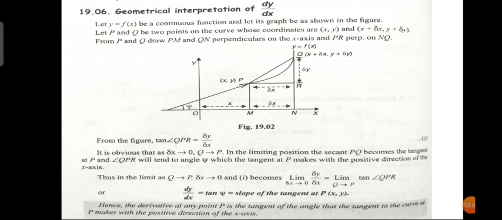The x-axis and y-axis are given. OMN is along x, and the graph y equal to f of x is the function there. Taking the point P(x, y), the slope of the tangent is given like that. Read the information given and then study. The main point is dy by dx is equal to tan psi, which is the important geometrical representation of dy by dx.